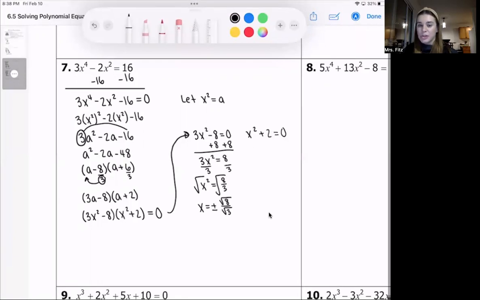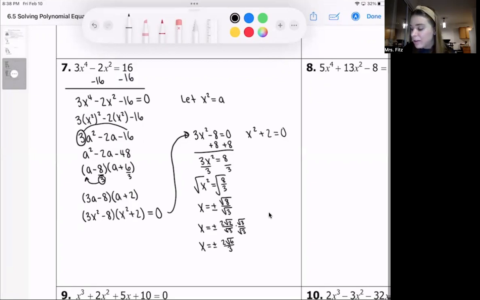It would be 4 times 2. So we can actually rewrite this as plus or minus 2 root 2 over root 3. I'm going to multiply by root 3 over root 3 to get x equals plus or minus 2 root 3 times 2 is 6 over 3 would be our first answer.